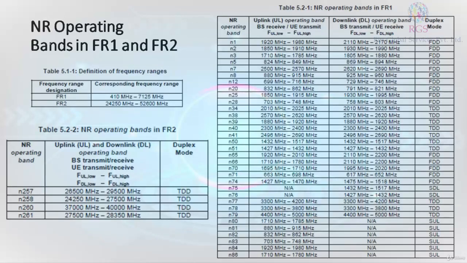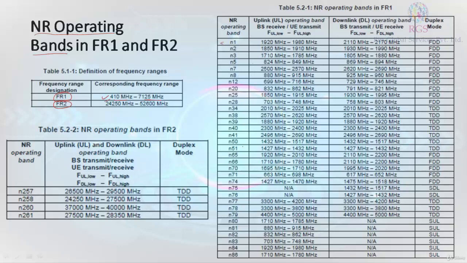Next are the operating bands in which 5G is going to work. 5G operating bands are divided into two frequency ranges, FR1 and FR2. FR1 has the same traditional frequency bands supported in our previous GSM 900, 3G and 4G.